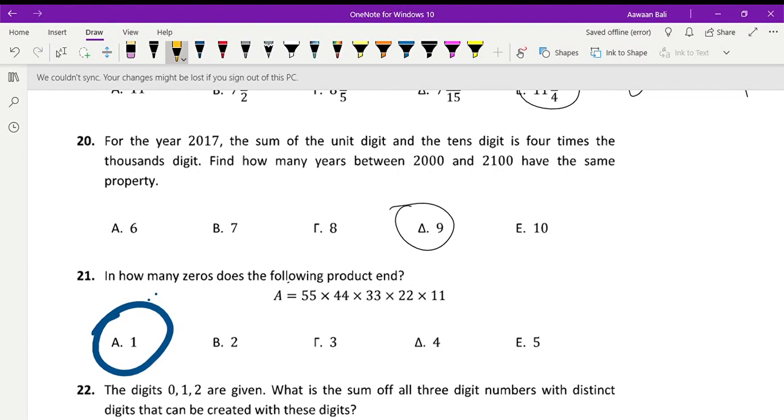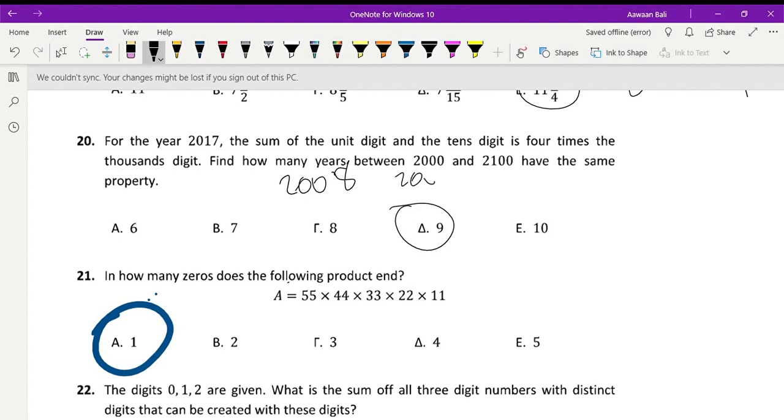And this is also one of the years in between 2000 to 2100. So that means basically we can say 2008 first, and then we can just go through the sums of 8.